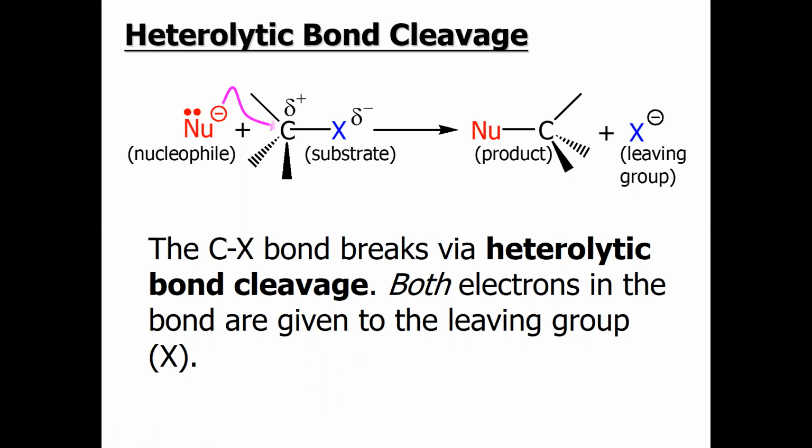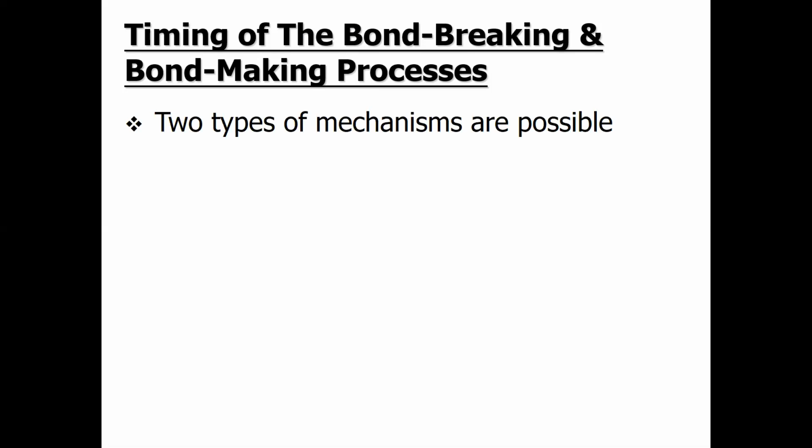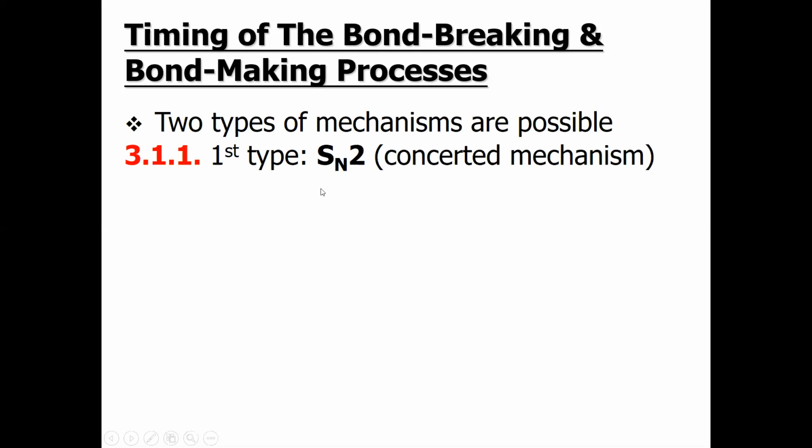This heterolytic cleavage results in the formation of two types of nucleophilic substitution reaction, which can be explained by the bond breaking and bond making process. As you know, two types of mechanism are possible.